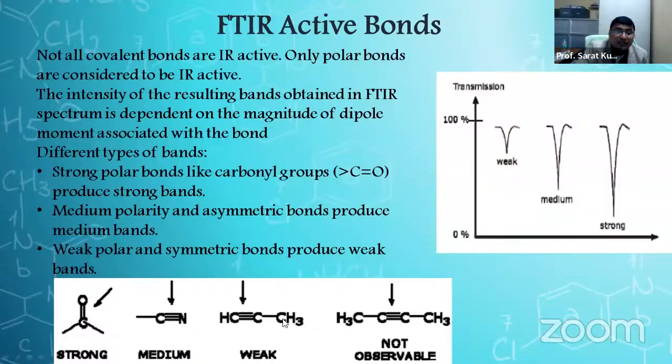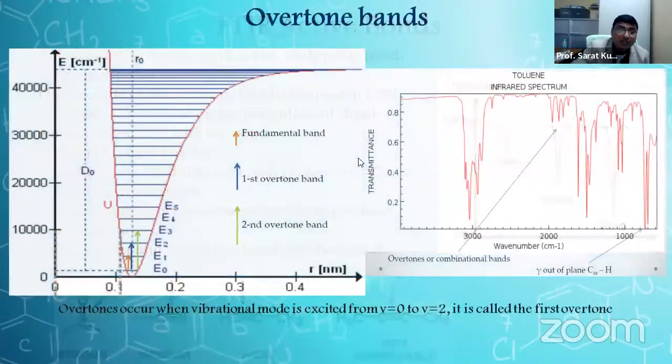Then the question is how we know whether it is strong, medium, or weak. It depends on the polarity and the symmetry of the bond. Symmetry and polarity give the weak, medium, or strong peak. This is the example; I'll show you how this happens.